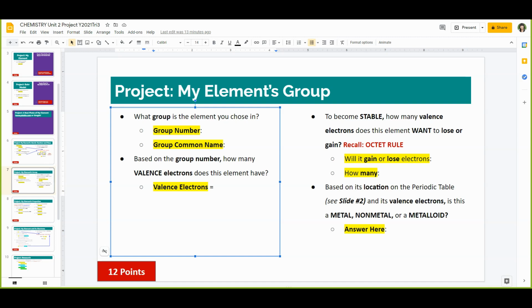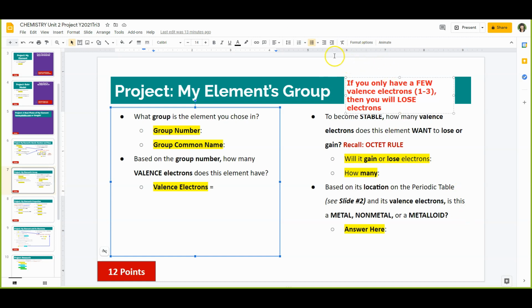So remember that in general, elements that only have a few valence electrons, right? So if you only have a few valence electrons, 1 to 3, then you will lose electrons, okay?